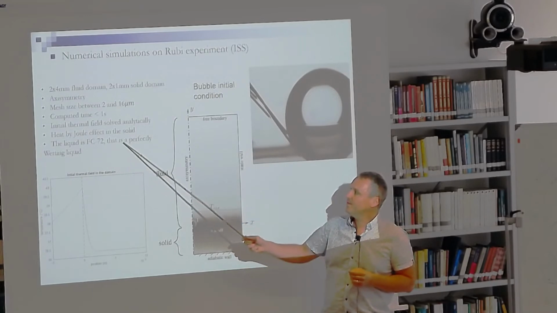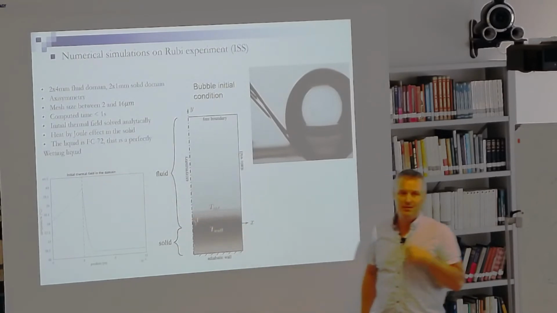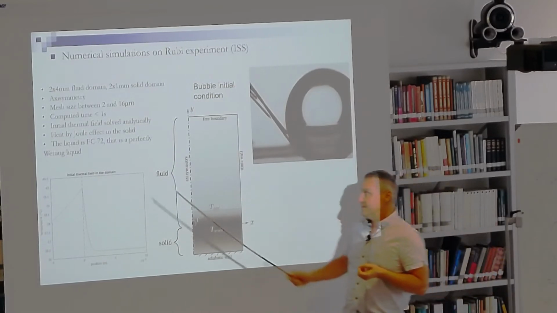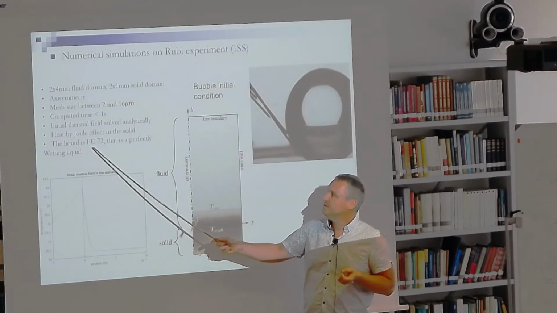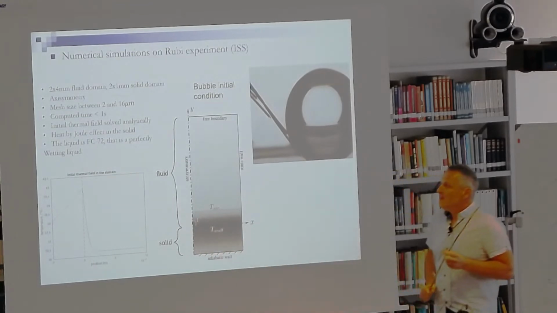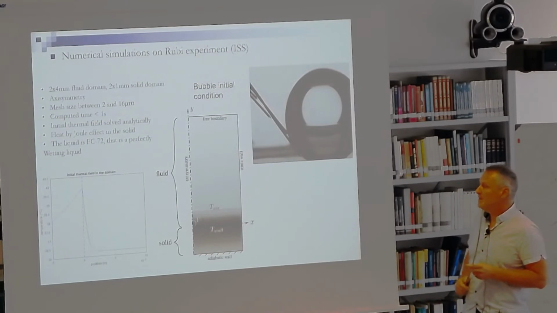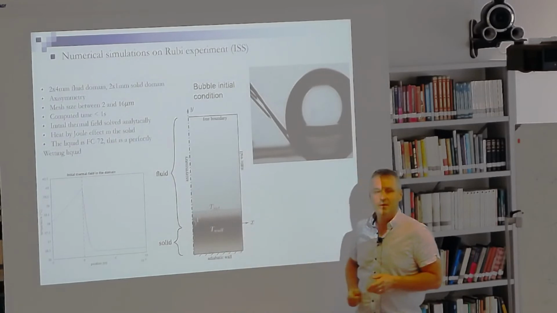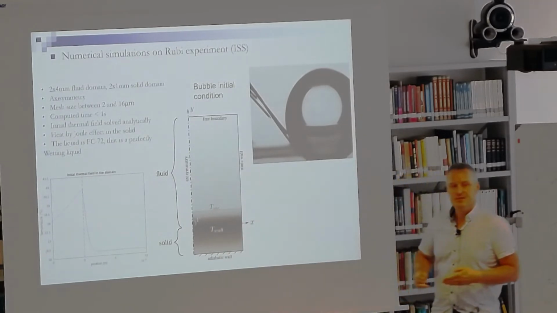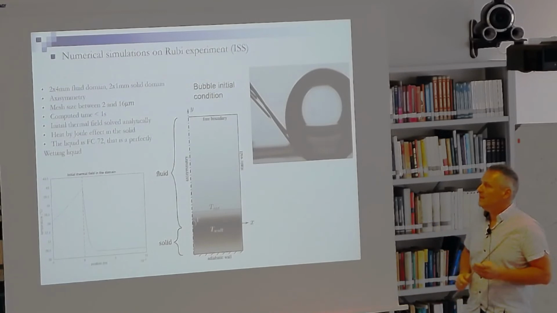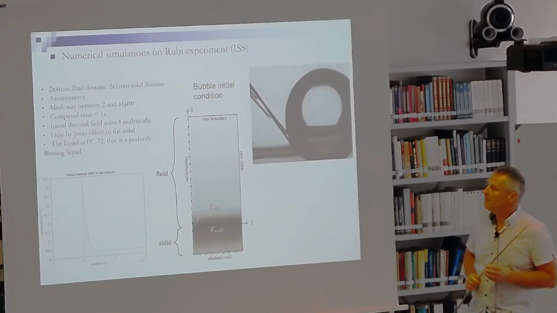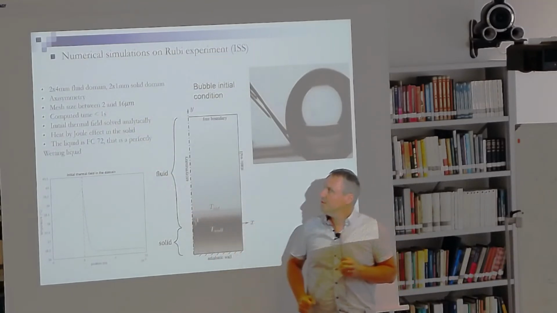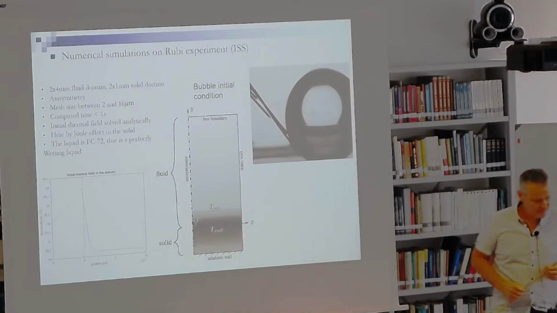The liquid is a perfectly wetting liquid, which is very different from the previous case where we have done simulation with water. So in this case, this is a perfectly wetting liquid, FC72. And we initialize our thermal field from an analytic solution of the heat equation related to the temporal heating time. We have done simulations in an axisymmetric configuration with mesh size between 2 and 16 microns.